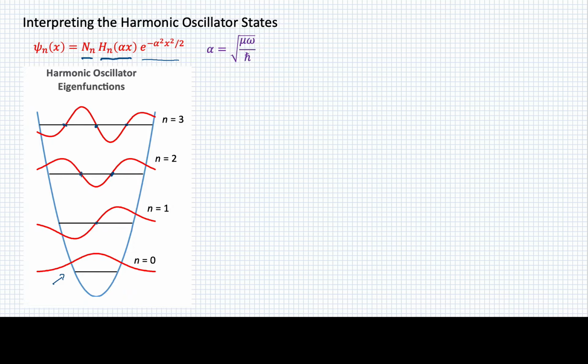For this first state we have 0 nodes. For the n equals 1 state we have 1 node. For the n equals 2 state we have 2 nodes. And for the n equals 3 state we have 3 nodes. So among the observations that we might make is that the number of nodes is simply equal to the quantum number.